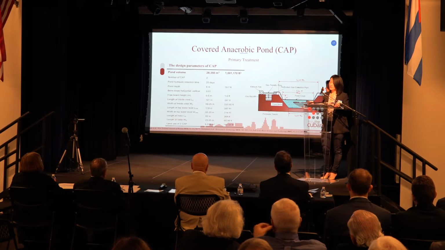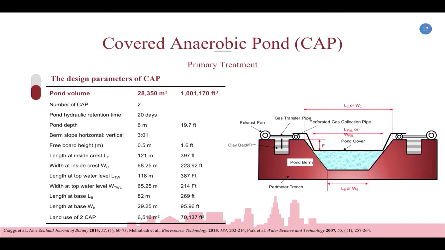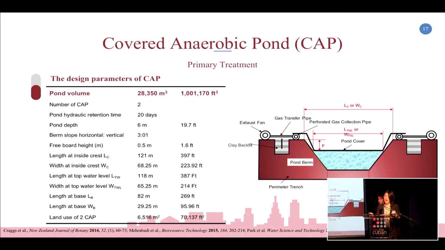Here's a diagram of our design. Because we want to extract the biogas from the CAP plant, we will cover the CAP using a specific material. And we want to meet the capacity of 2,800 cubic meters of wastewater. So we plan to build 2 CAP plants, and the CAP plant will require 20 days retention time. Based on our calculation, the plant volume of each should be about 28,000 cubic meters.